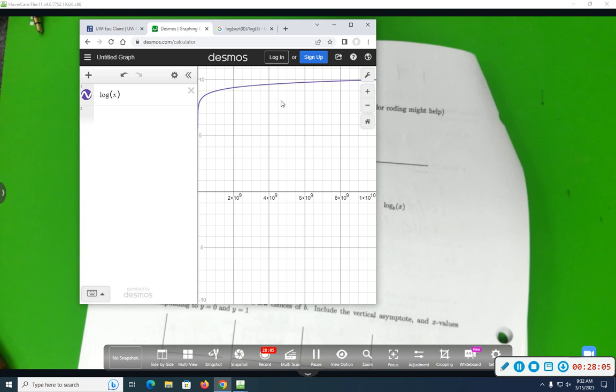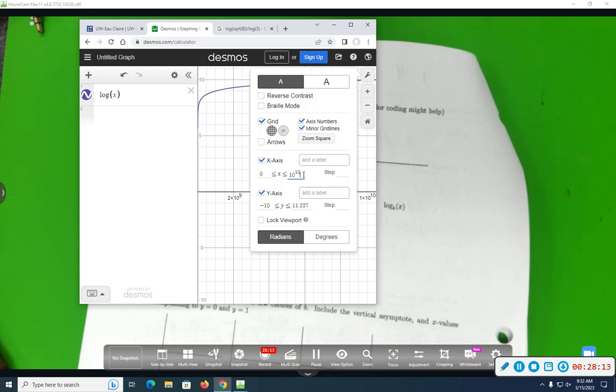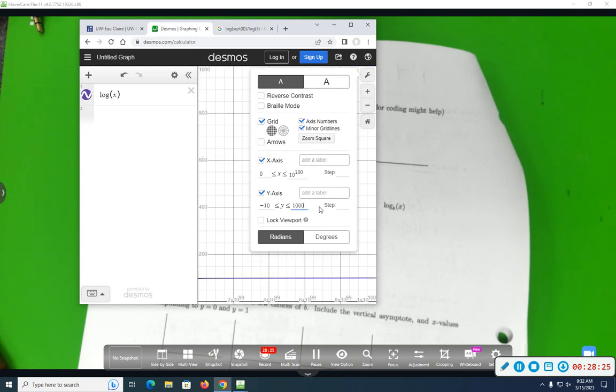Does it look like y values close to 10 are still in the range? Oh, let's just add another 0. I may have zoomed out too much.